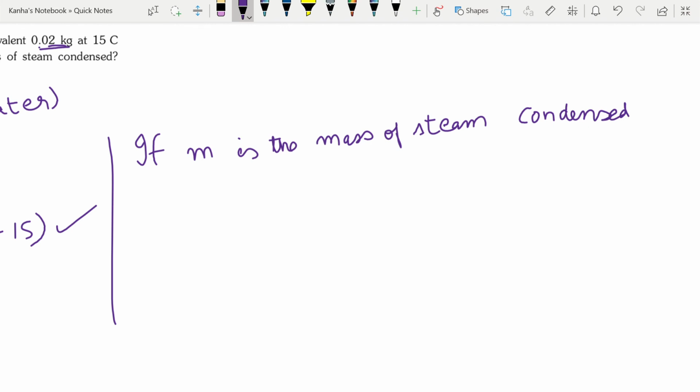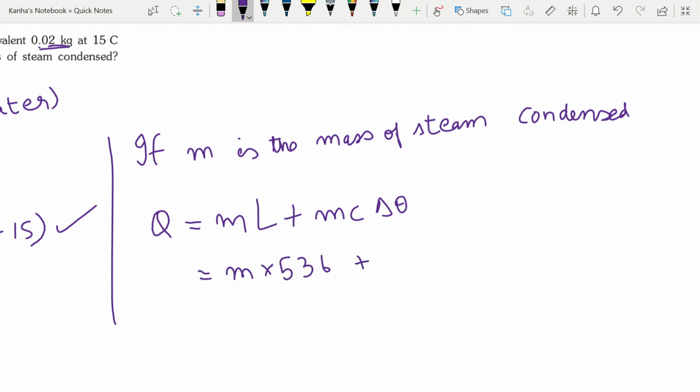The heat given by the steam is m into latent heat plus mc delta theta. So what is this equal to? M into 536 plus m into c is 1 into delta theta is 100 minus 80.